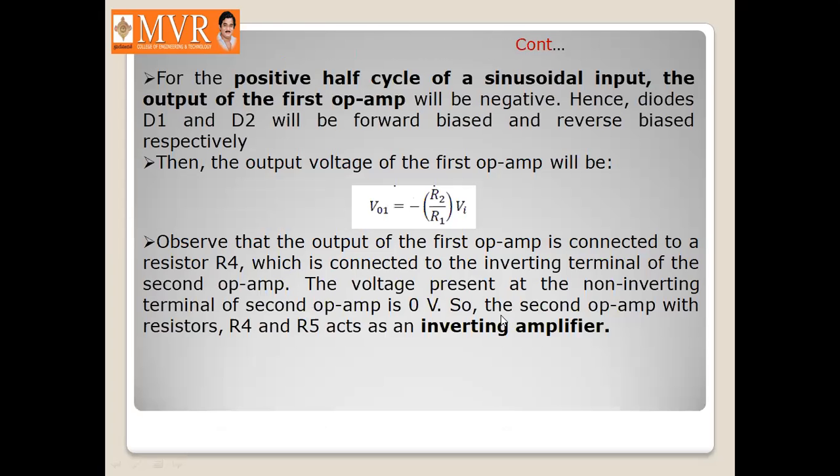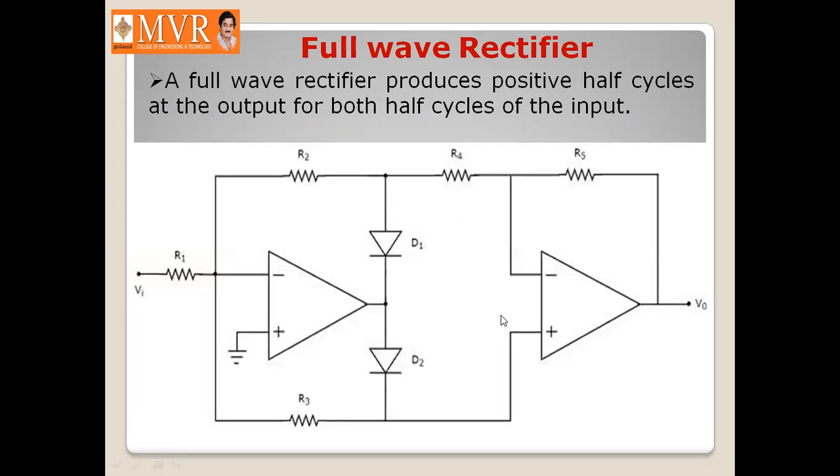What happens for the positive half cycle of the sinusoidal input? The output of the first op amp will be negative. Hence the diodes D1 and D2 will be forward biased and reverse biased respectively. So D1 will be forward biased and D2 will be reverse biased. When the input is a positive half cycle, the output will be negative.